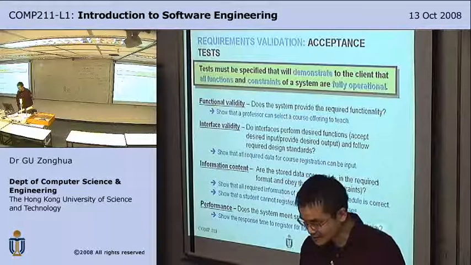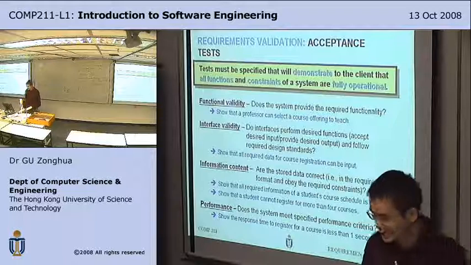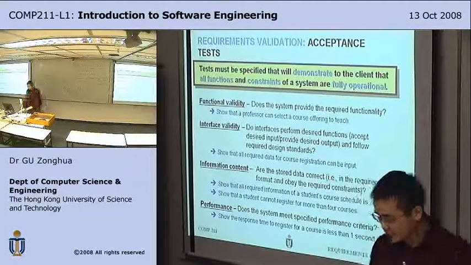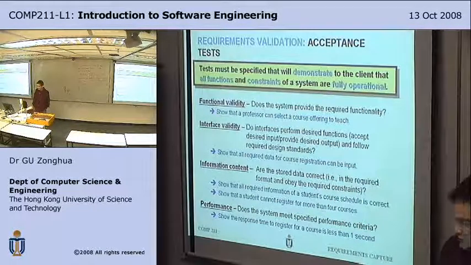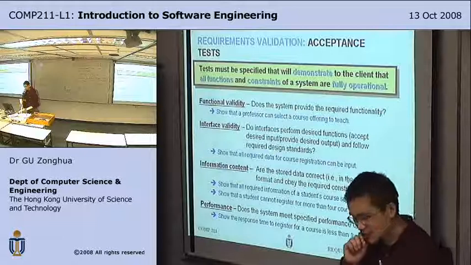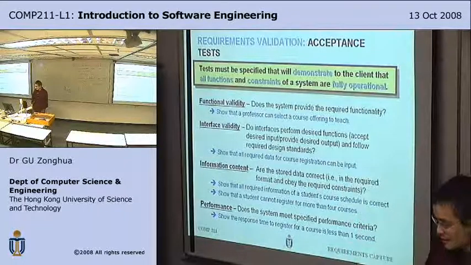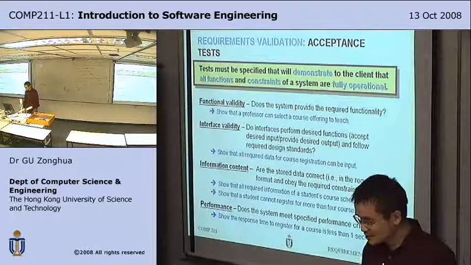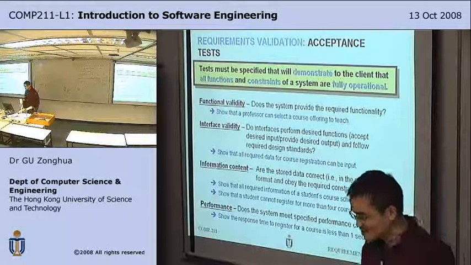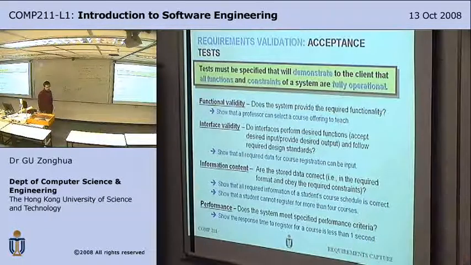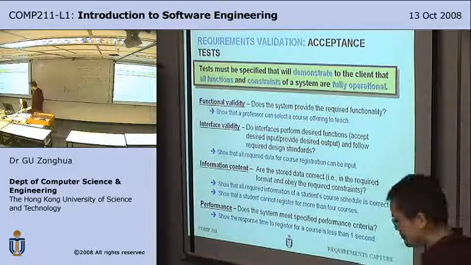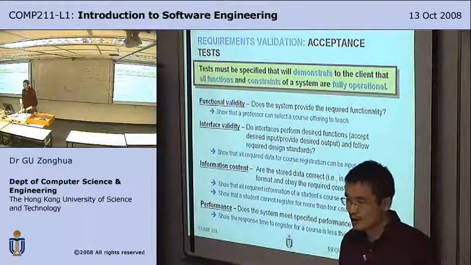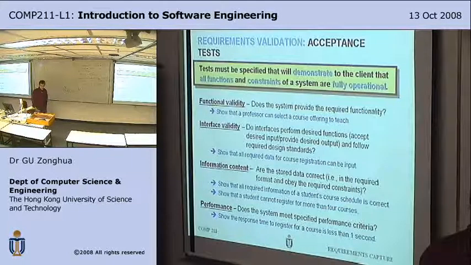So performance: does the system meet specified performance criteria? This is the non-functional requirement. Show the response time to register for a course is less than 1 second. This is easy to do for a single user system that you develop as part of your course project.